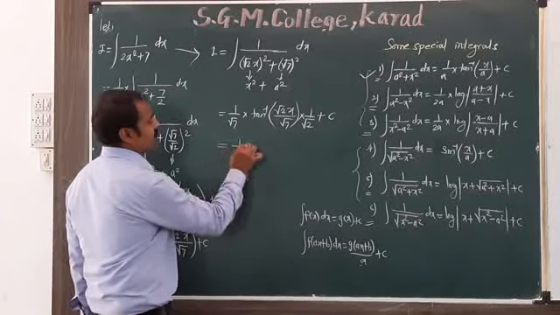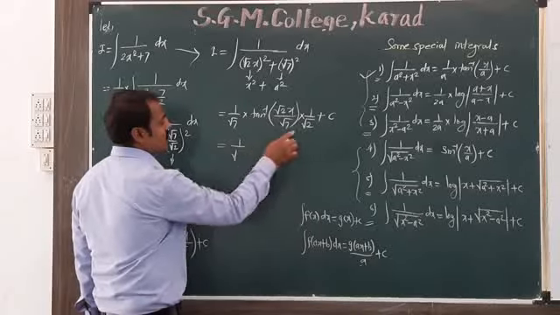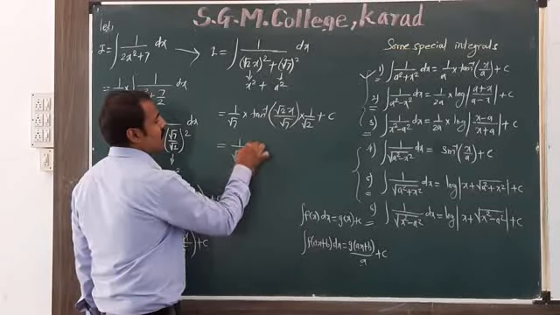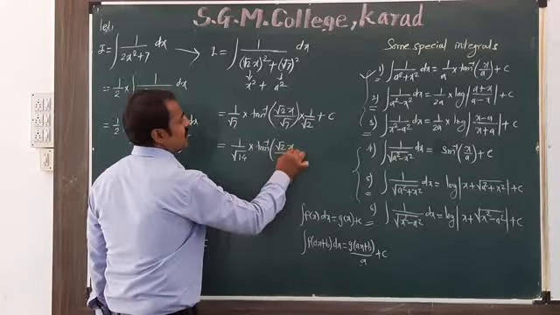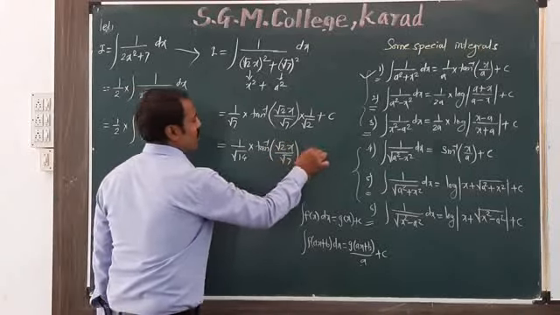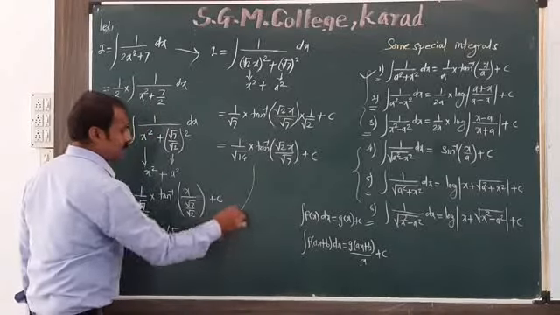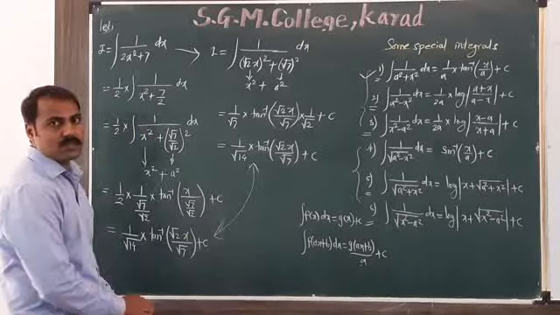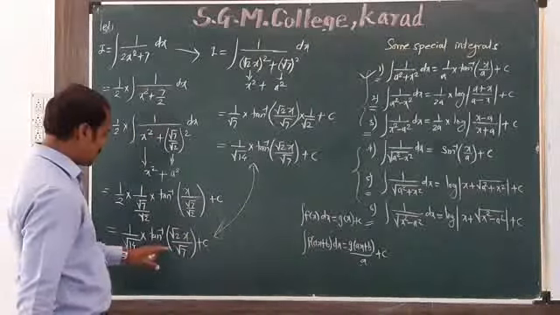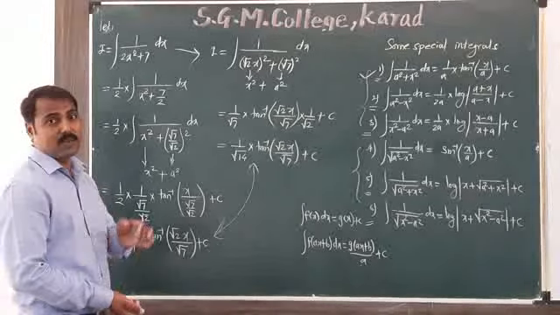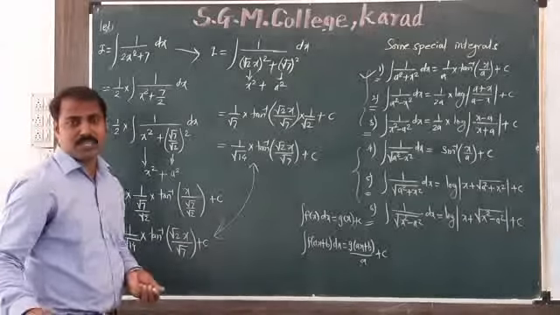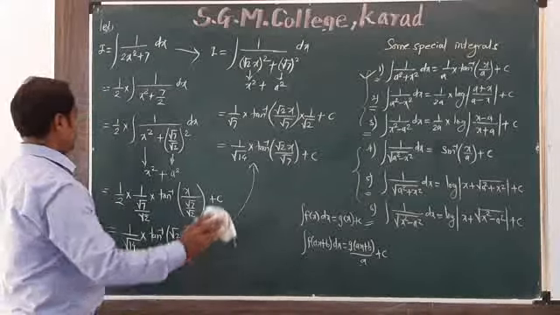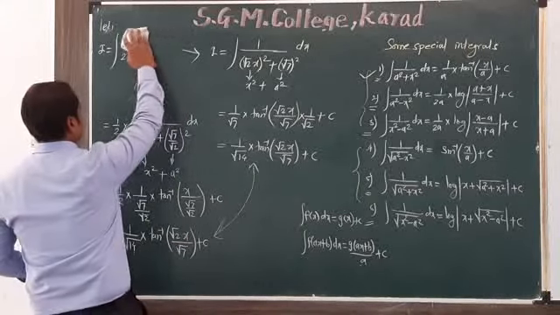After simplification, it becomes root 7 into root 2, root 14, into tan inverse of root 2x divided by root 7 plus c. Now look at these two answers of the same integration. Answers are the same. So you can use any one of these methods to evaluate such types of integrals.